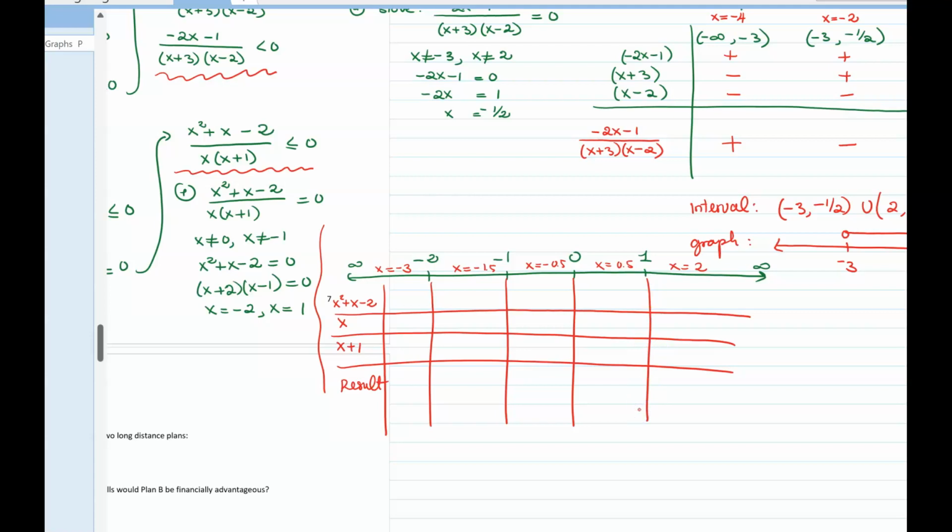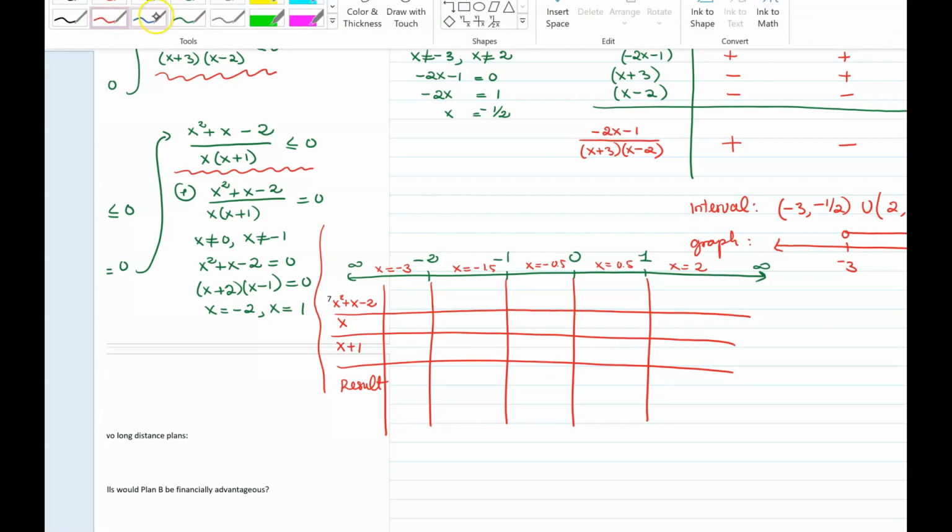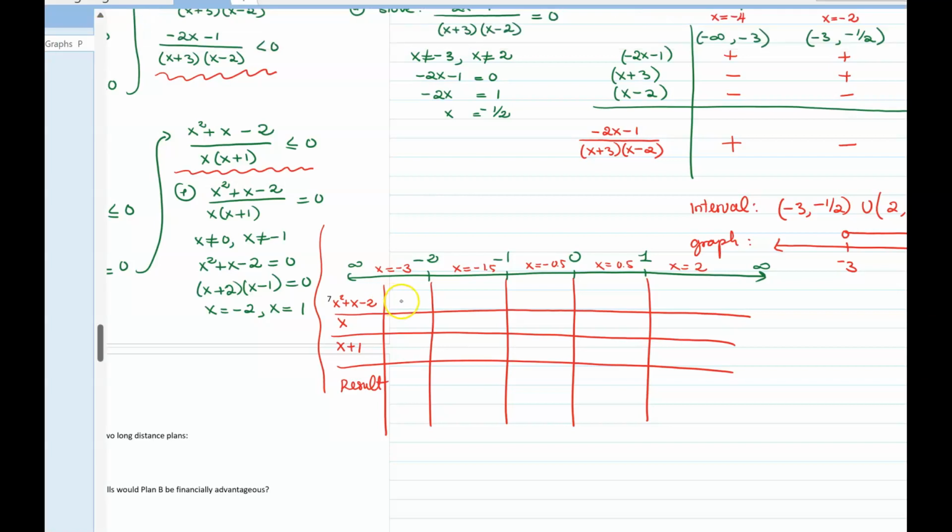Okay. When x is equal to negative 3, in the first interval, we have positive in the first factor, negative and negative here. So the result here is positive. When x equals negative 1.5, we have negative here, negative here, and a positive here. So the result here is negative.